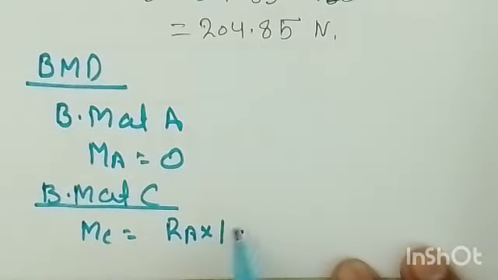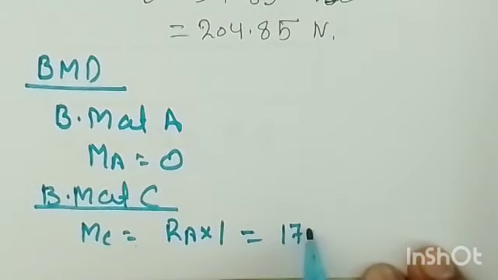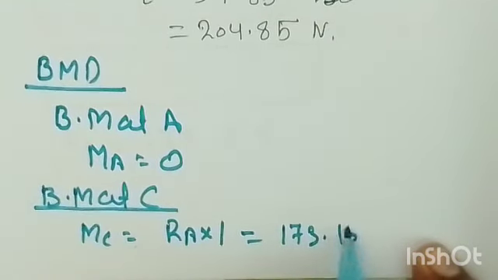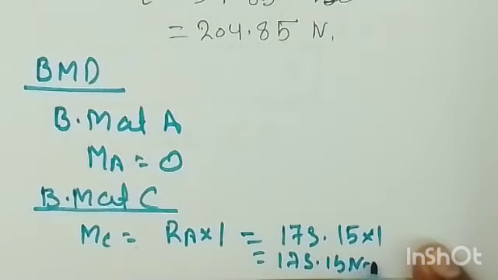And what is the RA value? RA is 173.15 into 1. The same value will come, that is 173.15 Newton meter. So we got the bending moment at C.